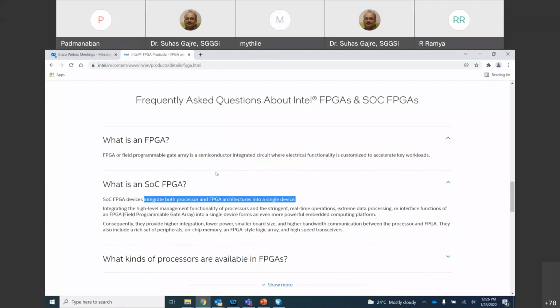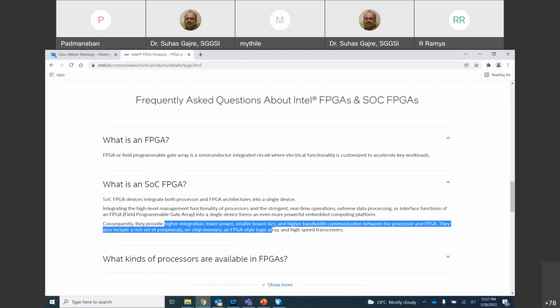They provide higher integration, lower power, smaller board size, and higher bandwidth communication between the processor and the FPGA. What is the need for an SoC FPGA? Why do you want to have both processor and FPGA in a single device?